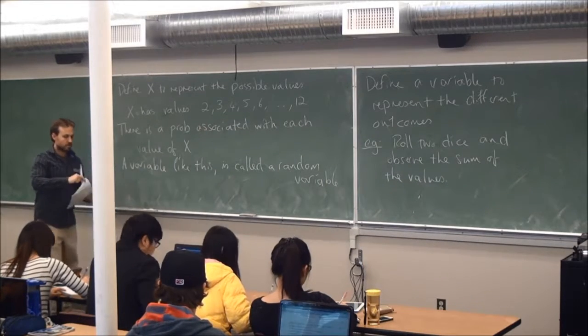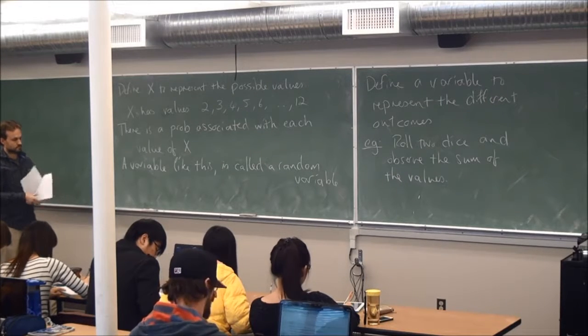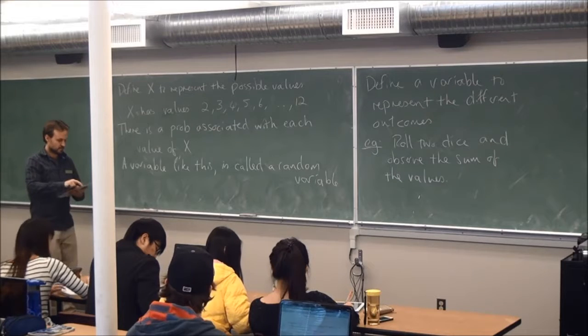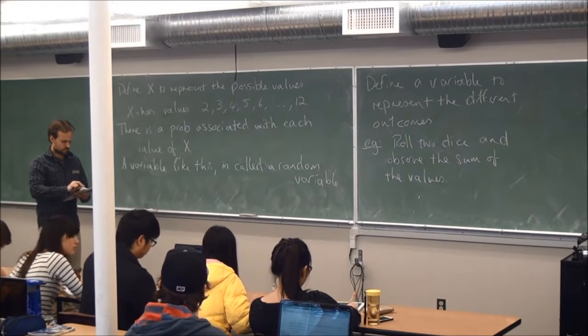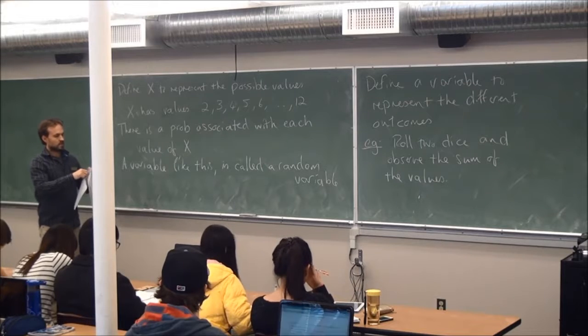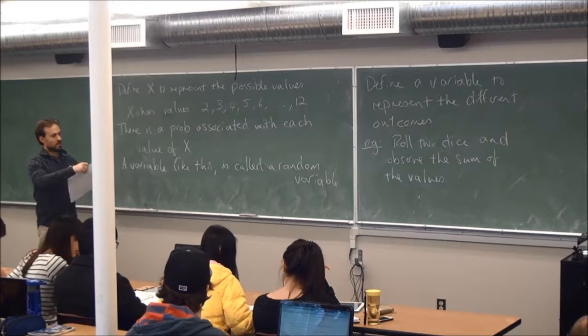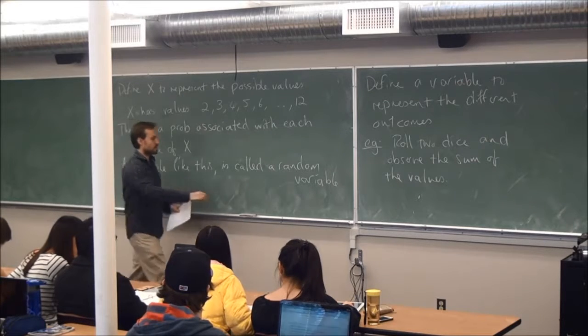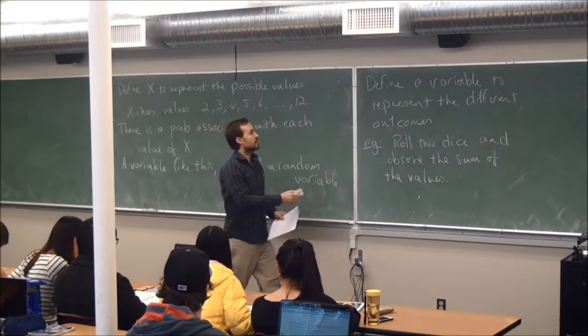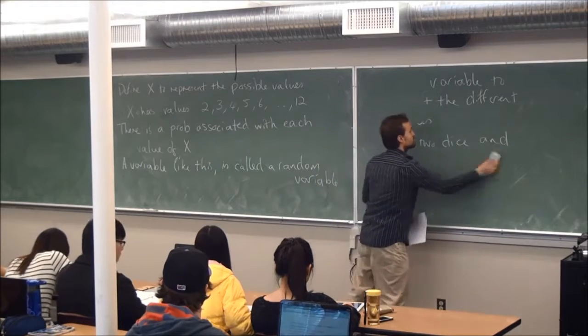So now let's look at our example. And I'll say some things as we go through this. This example leads me through the different things I want to talk about.